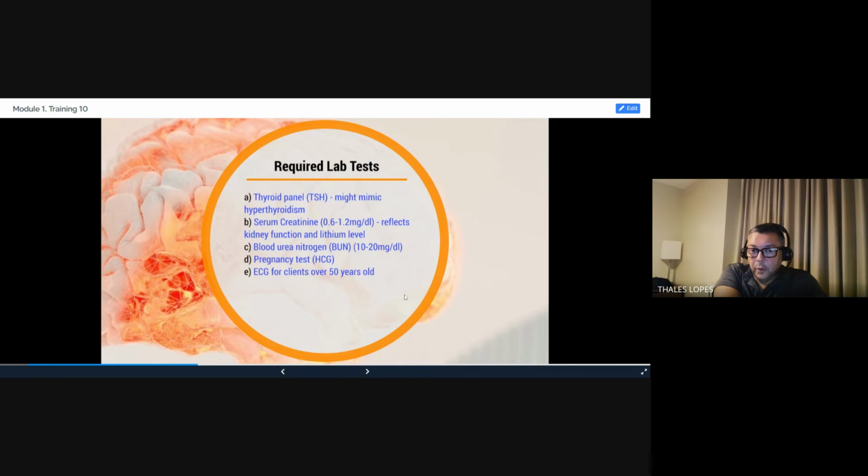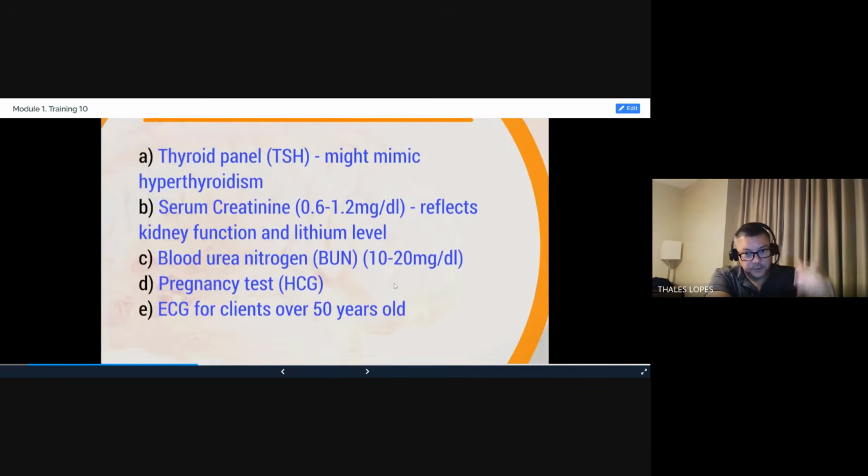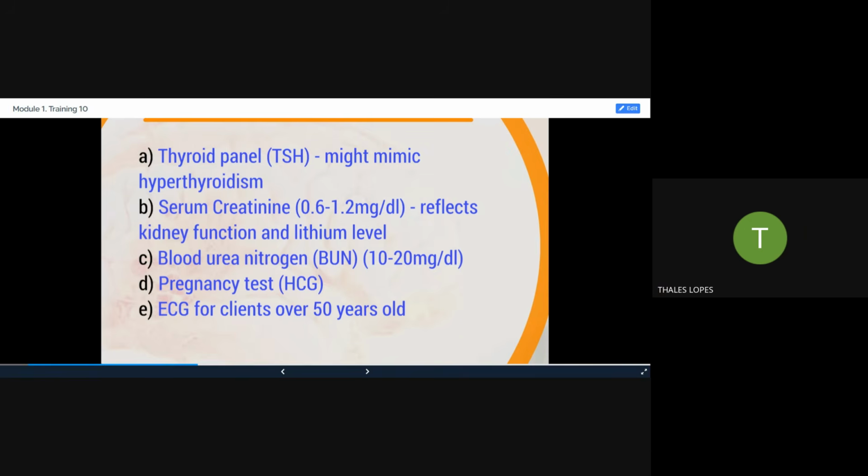Now, you are going to prescribe lithium. So what kind of labs would you ask for, right? What kind of labs would you ask for when you are prescribing lithium? You want to ask for your TSH level. Because when you are prescribing lithium, your TSH levels will fluctuate, and it could cause hypothyroidism.